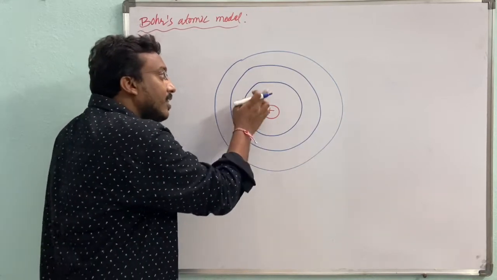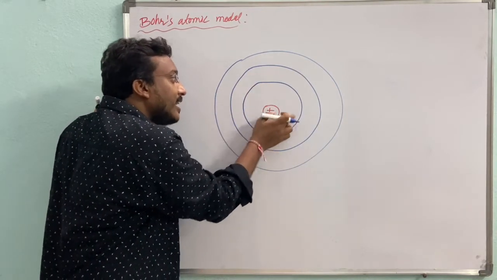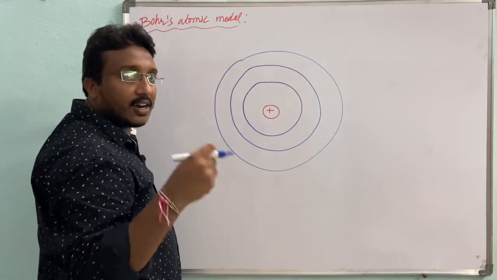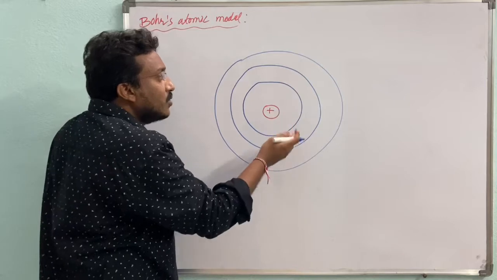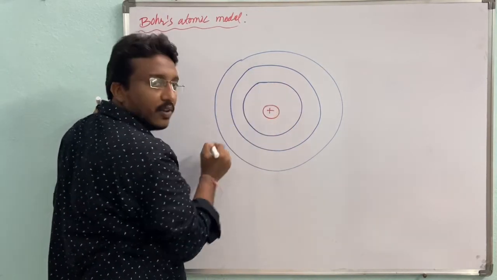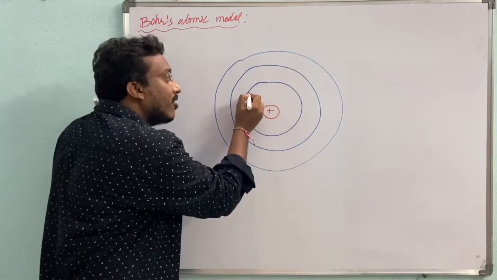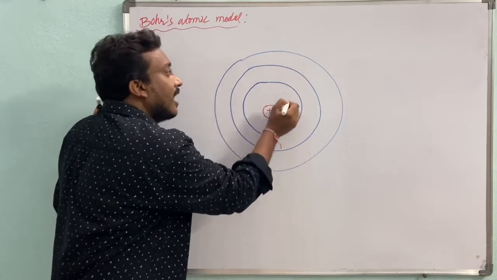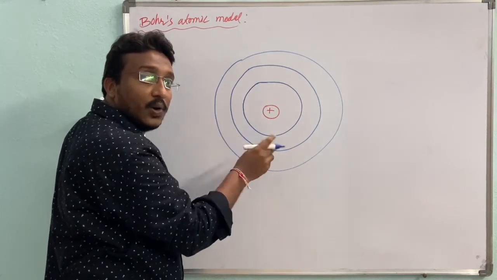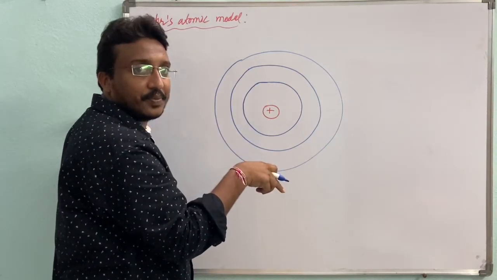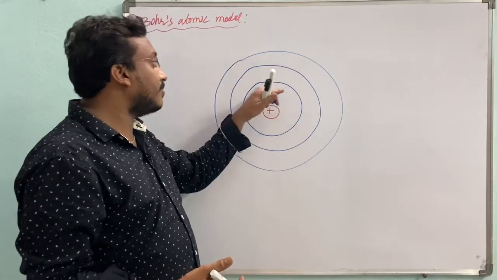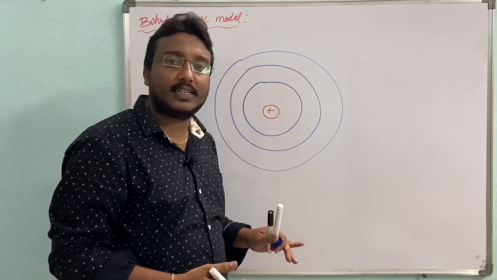Each electron chooses its own path around the nucleus, and in its own orbital it never loses its energy.